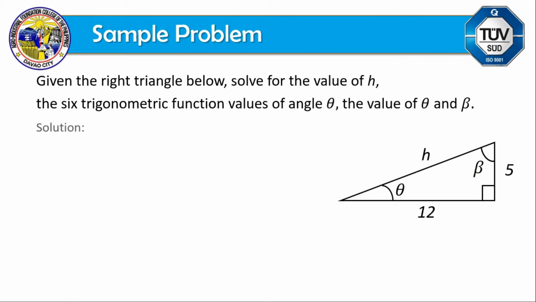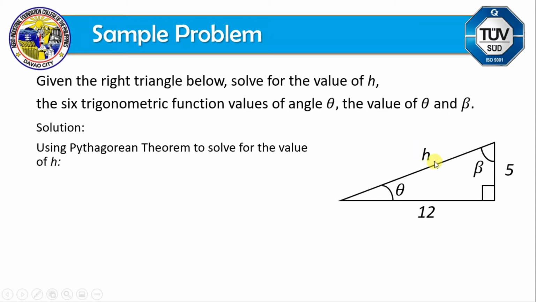First and foremost, for solving the value of h, we will be using the thing to remember that we mentioned earlier. We'll use the Pythagorean theorem to solve for the value of h. We mentioned earlier that when you are given two sides, in this case 12 and 5, and there is one missing side, we can use the Pythagorean theorem when the given triangle is a right triangle.